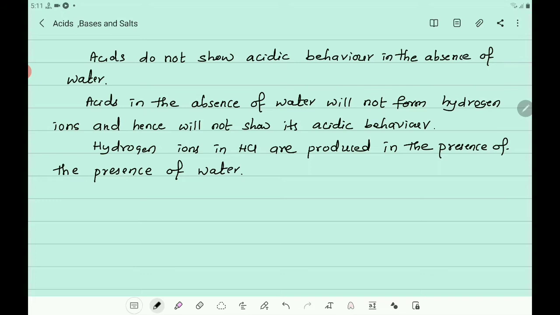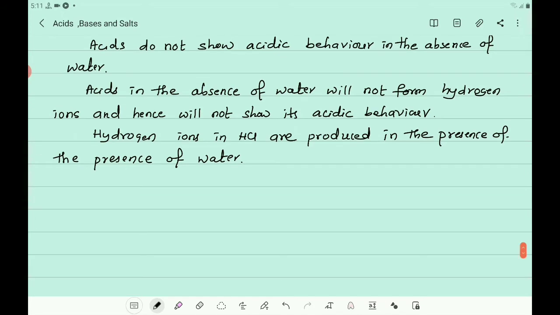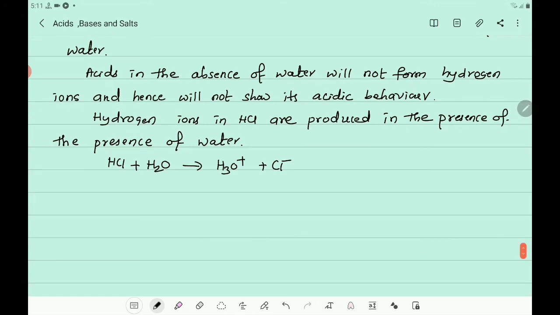The separation of H plus ion from HCl molecules cannot occur in the absence of water. So you write HCl plus H2O gives H3O plus Cl minus. So hydrogen ions cannot exist alone. They exist after combining with water molecule.